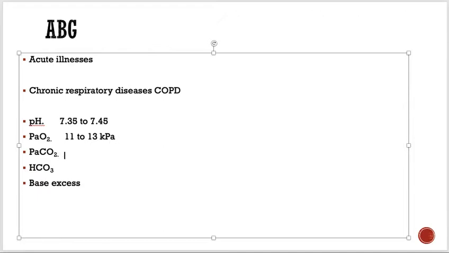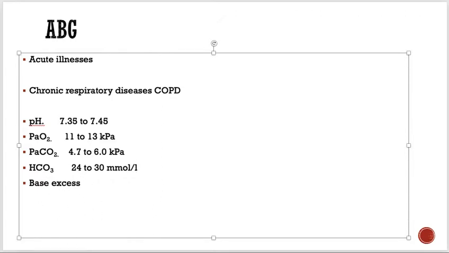The normal level of carbon dioxide in the blood is 4.7 to 6.0 kPa. The normal level of bicarbonate in the blood is 24 to 30 millimoles per liter. Sometimes they also give us base excess or anion gap.